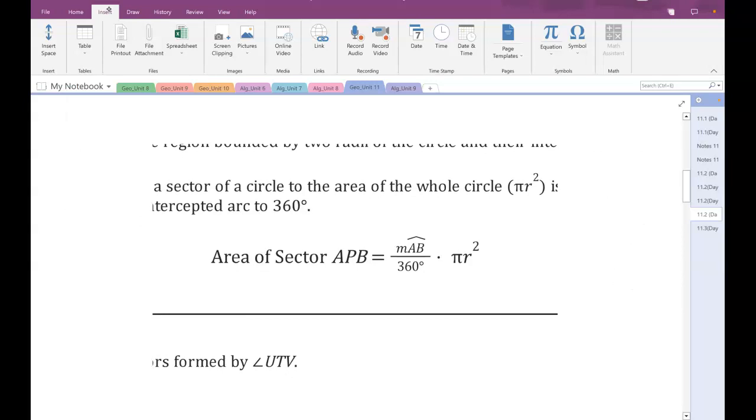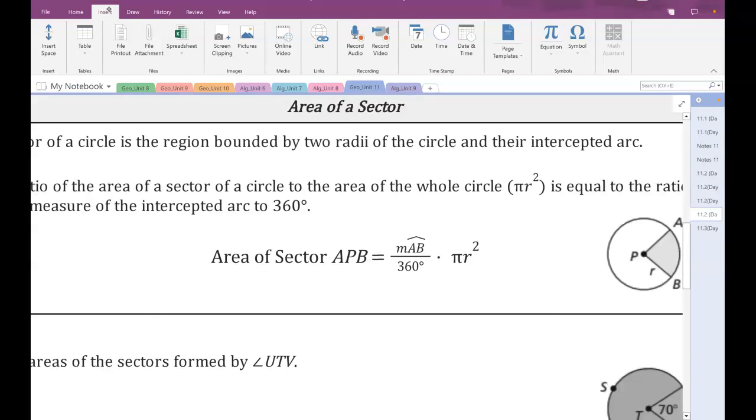And then we have this sentence here that is just describing this formula, where we can set up to find the area of a sector. It describes it in terms of ratios: the area of your sector divided by the area of your whole circle is equal to the measure of your intercepted arc divided by the measure of your whole circle together, 360 degrees.